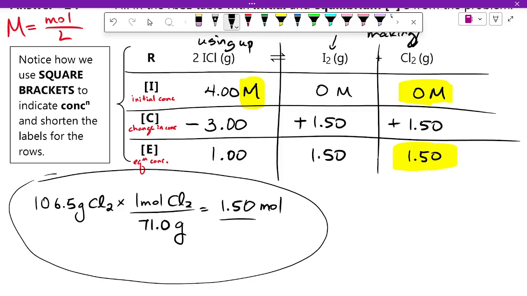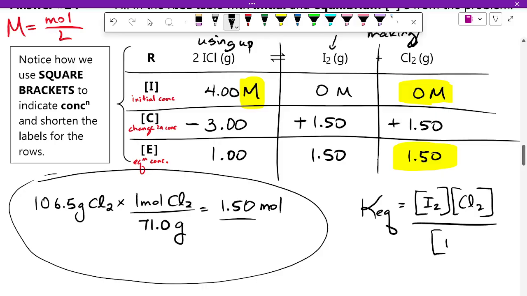And then if we want to calculate KEQ, we have to write KEQ equals, and we have to write our KEQ expression: I2 Cl2 over ICl squared.